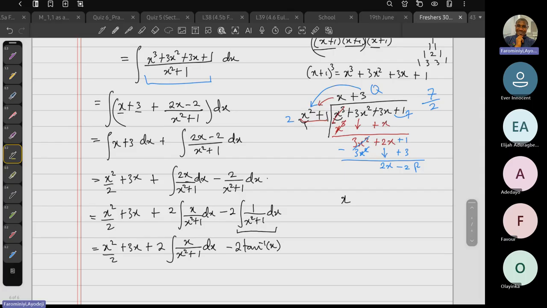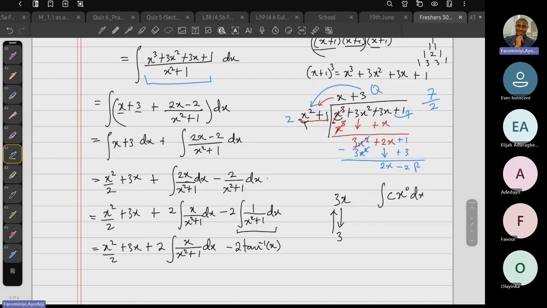Okay? So when you differentiate 3x, what is the differentiation of 3x? 3. So if the differentiation of 3x is 3, integral of 3 must be 3x, because it is always opposite. So generally, the integral of a constant is constant times x raised to power 0.